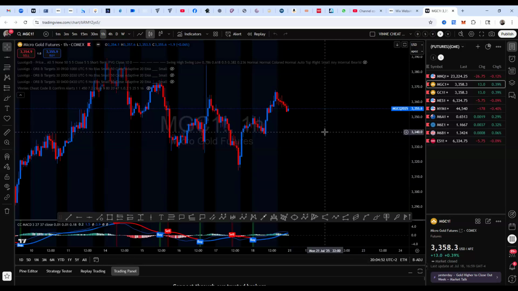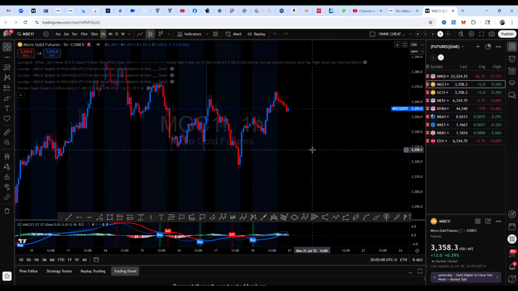Basically, I'm going to be marking up liquidity manually for the 1 hour, and then go to the 5 minute and use both indicators to nail down where price will more likely go. Then from there, manually looking for liquidity sweeps, and then our volume institutional candle to get in. Okay. So let me go ahead and start the replay tool, and then we'll get started.